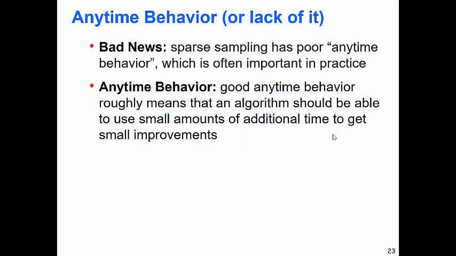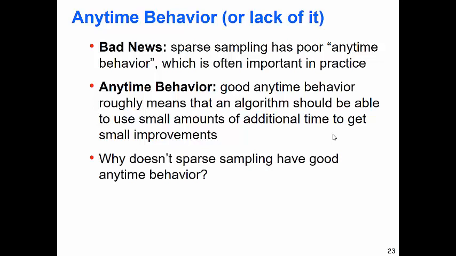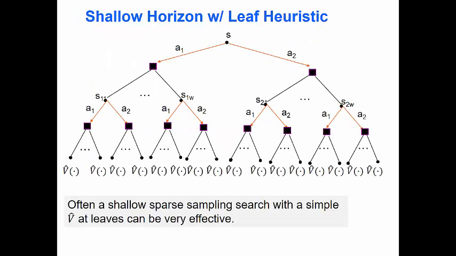So what we'd like to do now is get an algorithm that has some better anytime properties. It's going to have some sort of smaller operation each iteration that gives us values at the root that we can use to select actions, as opposed to having to completely go through an entire subtree.